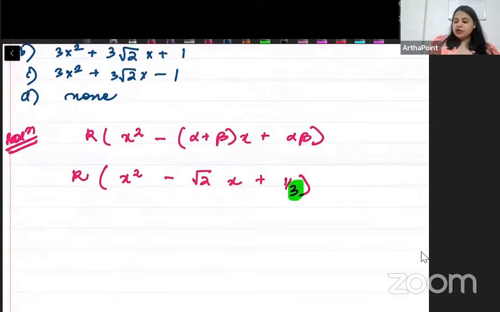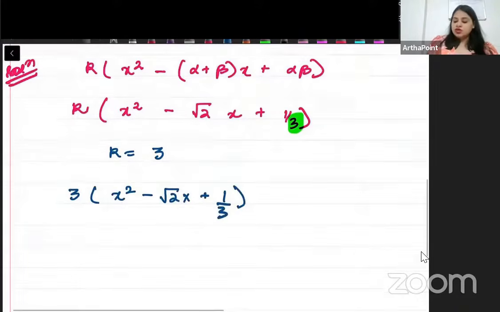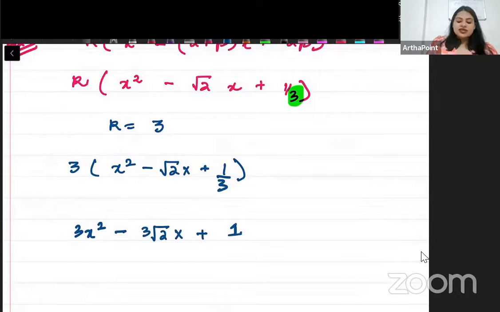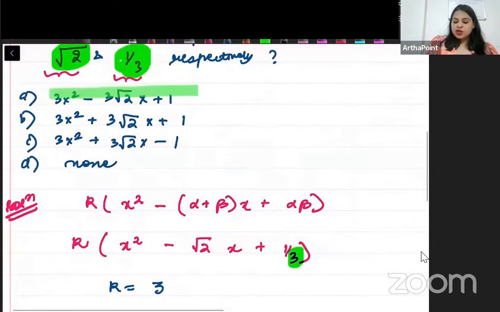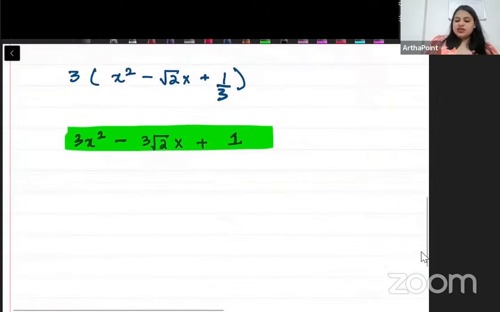The only way to make the denominator 1 is to put k equal to 3. So the moment you put k as 3, you will get k into x square minus root 2x plus 1 by 3. When you solve this, you will get 3x square minus 3 root 2x plus 1. This will be the equation that you will have. And if you look at the options, this is equation number A. So the correct answer to this question is A. Okay, please take the next question for the day.